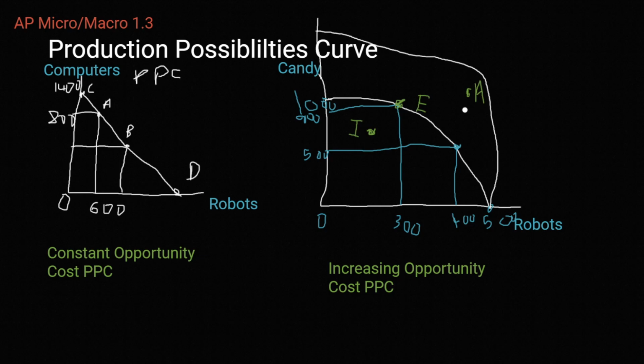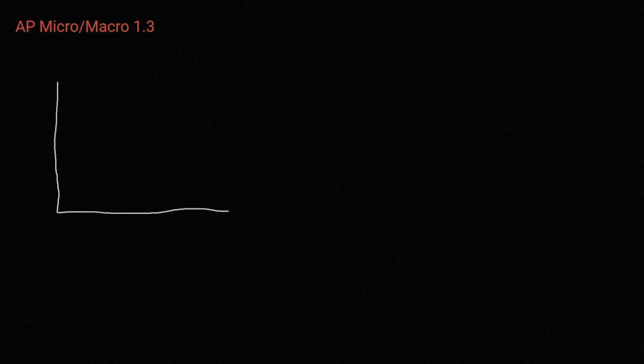So we might be able to produce at point A now, if we have some new candy making technology or more human capital in the making of candy, whatever that may be. So that would shift our production possibilities curve out, the increase in productivity. If you were asked to draw a PPC, then they'll either tell you what to put on each axis or it doesn't matter.